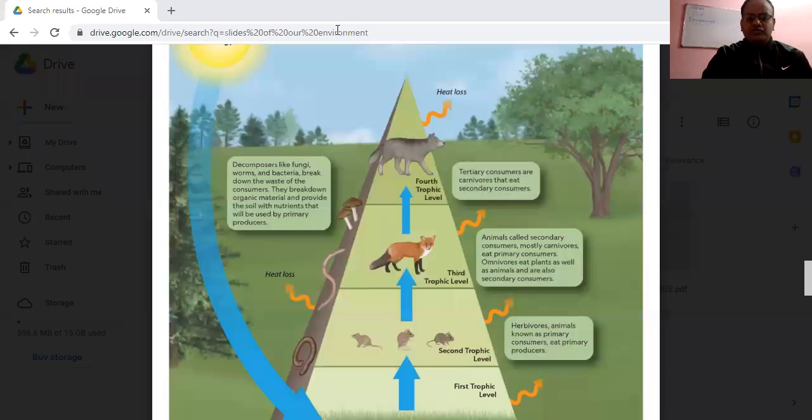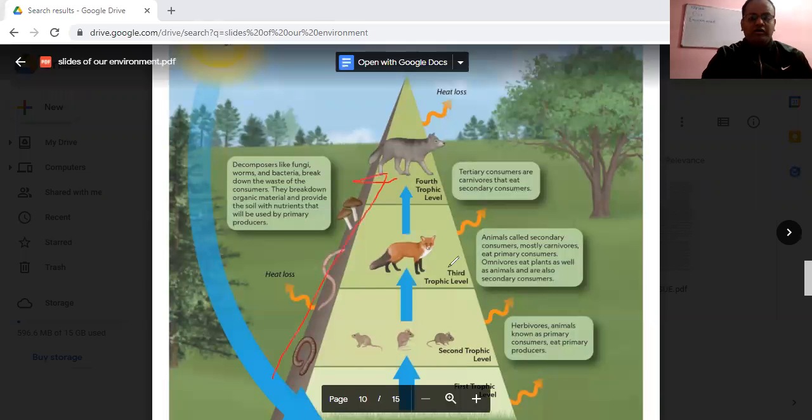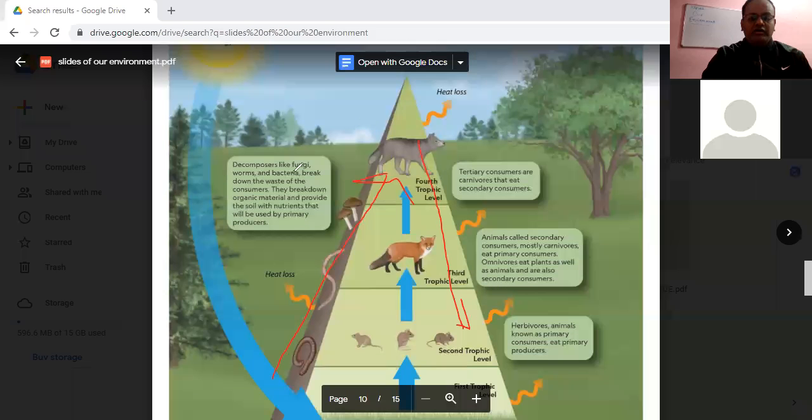Do you think, students, the flow of energy is unidirectional, or is it bidirectional? Is it possible? Tell me, is it bidirectional or unidirectional? Very good, unidirectional.